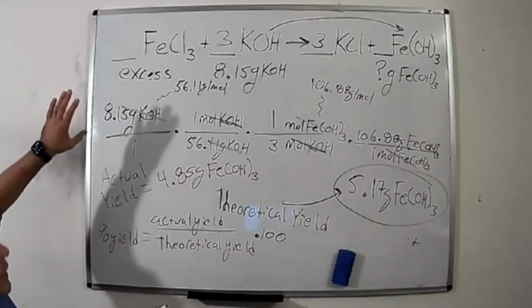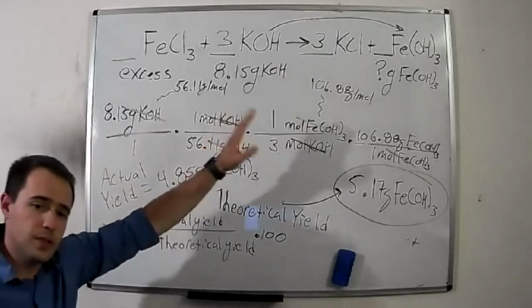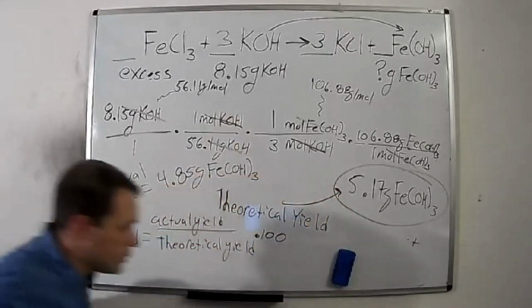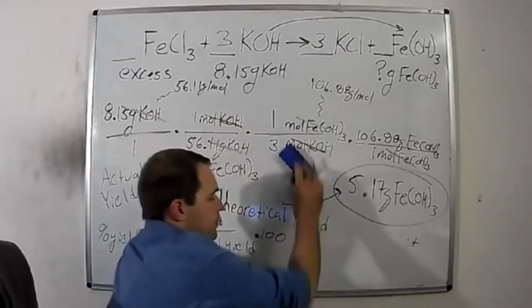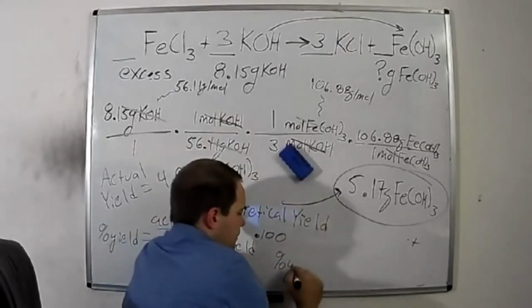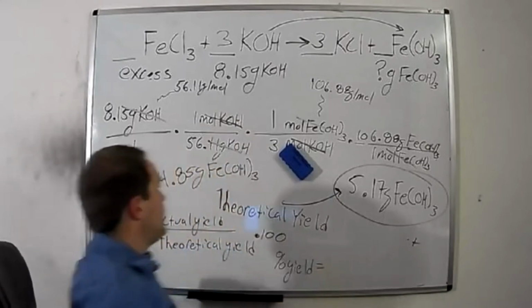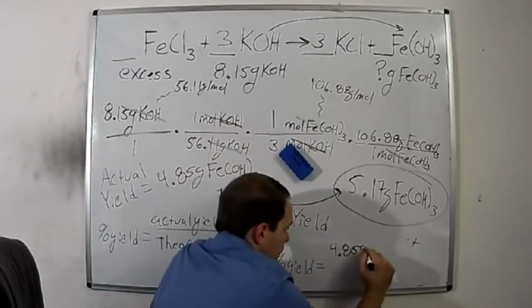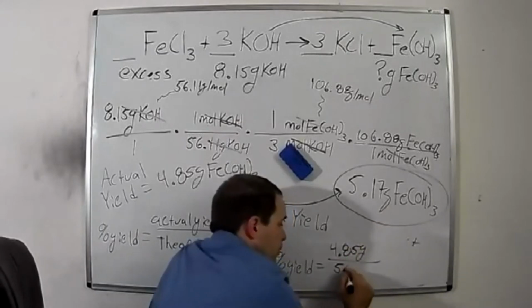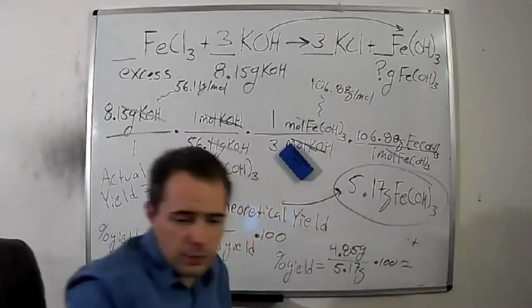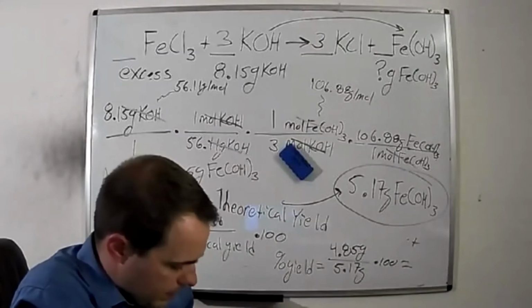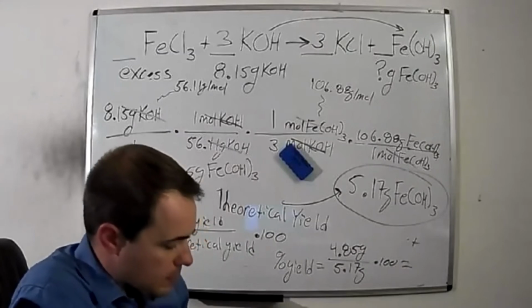So let's figure out the percent yield for this reaction. We get 4.85, but we're supposed to get 5.17. The percent yield would be 4.85 divided by 5.17 times 100.